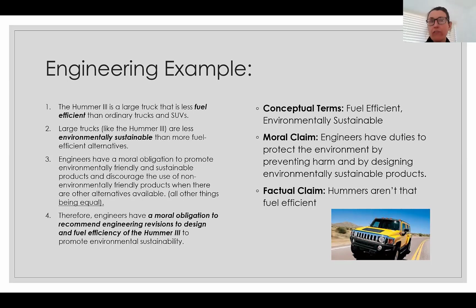They both get 15 miles per gallon. Okay, perhaps that's true, I have no idea. You can object to premise one. Premise two, yeah, that would be hard to object to because there's just more fuel efficient alternatives out there, it seems. You don't need to be driving a Hummer.